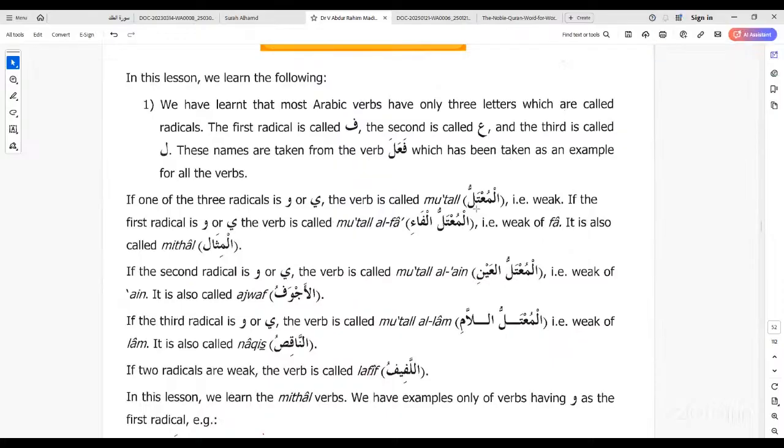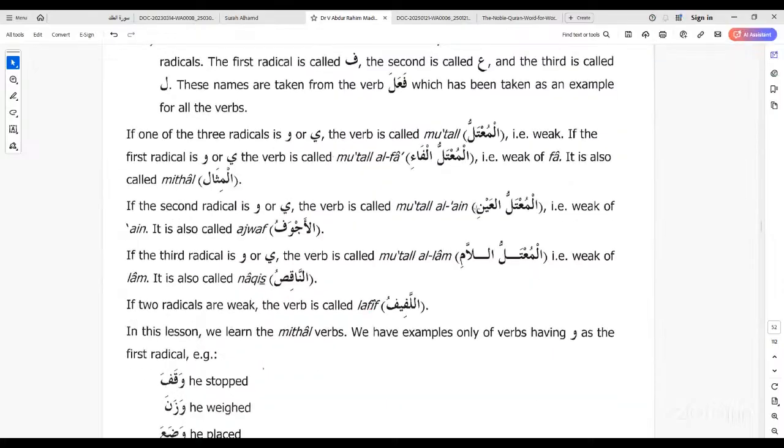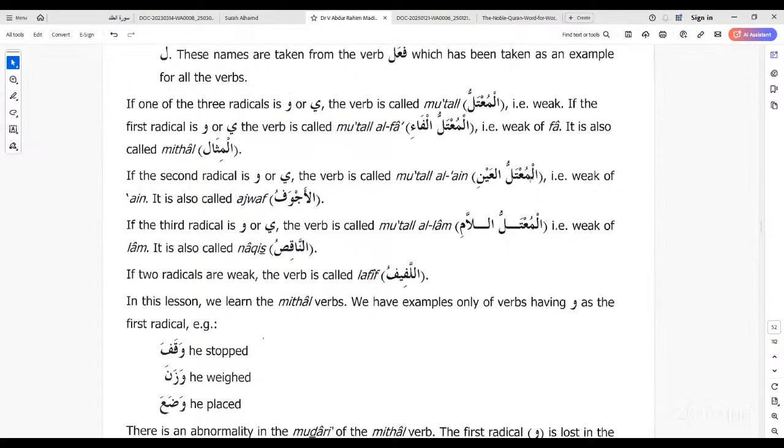If the first radical is waw or ya, the verb is called al-mu'tal fa, that is weak of fa. It is called misal, al-misal. If the second radical is waw or ya, the verb is called al-mu'talul ain, weak of ain.